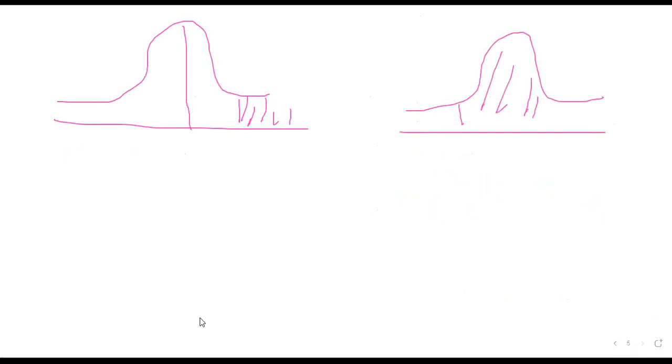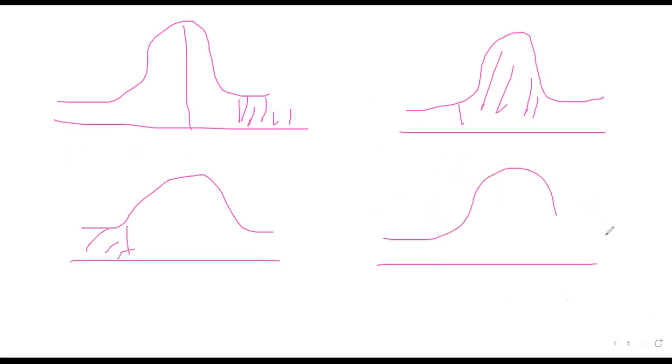If we have a shading which looks like this, and if we have a shading which looks like this, what comes to your mind? Shading 1 simply tells us that we are shading to the right side, which means greater.